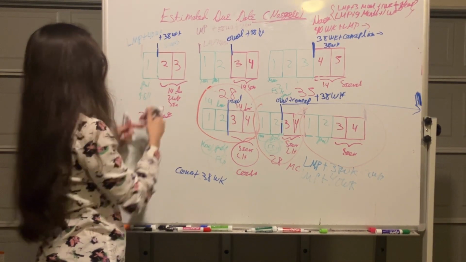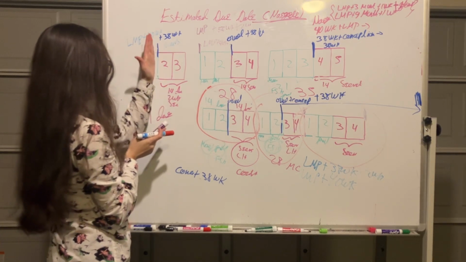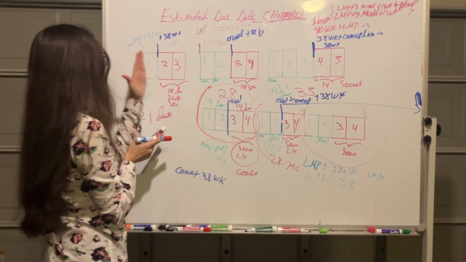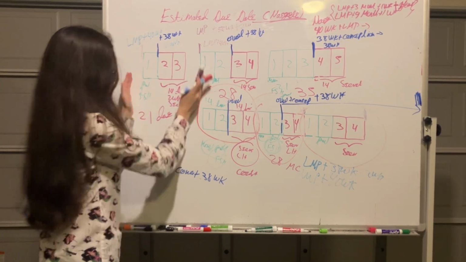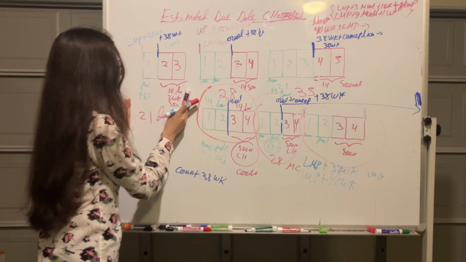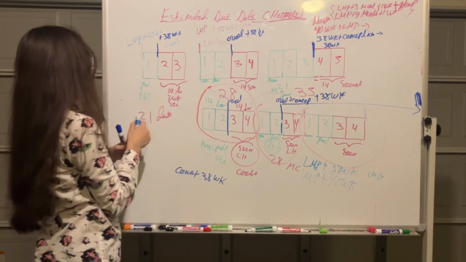because the difference between the conception date and the last menstrual period in this case of a 21-day long menstrual cycle is 1 week.